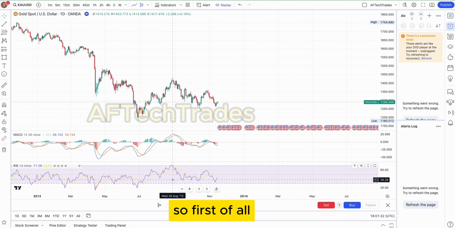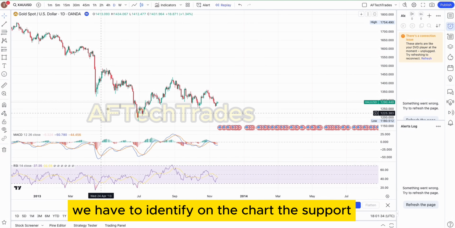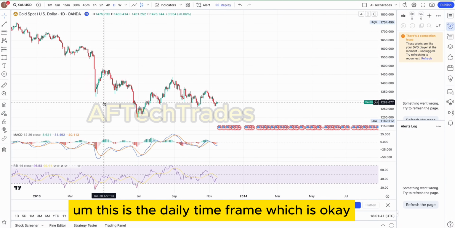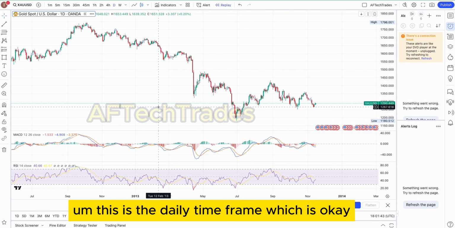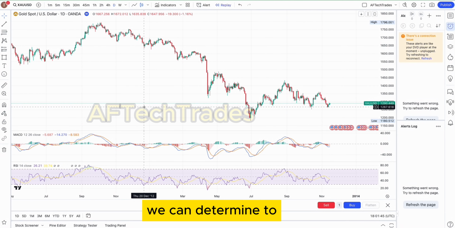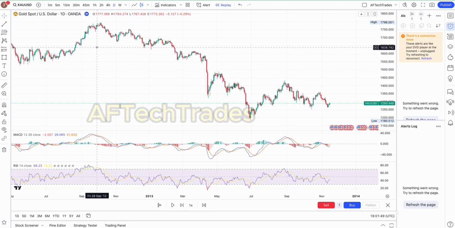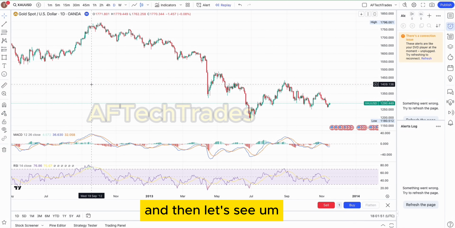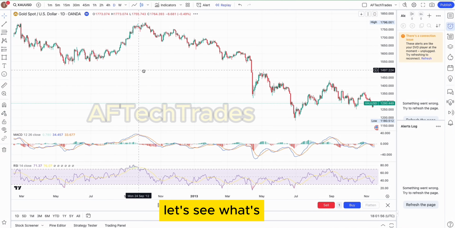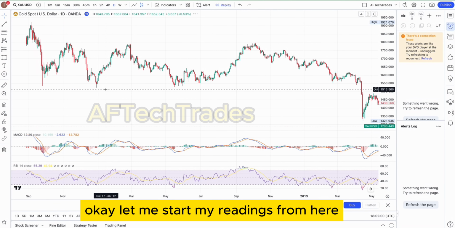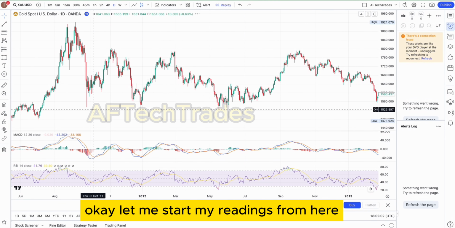So first of all, we have to identify on the chart the support and resistance level on the higher time frame. This is the daily time frame, which is okay. We can decide to put a support and resistance level, and then let's see. I'm moving back a little. Okay, let me start my readings from here.